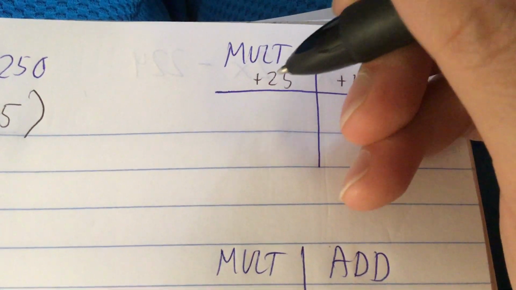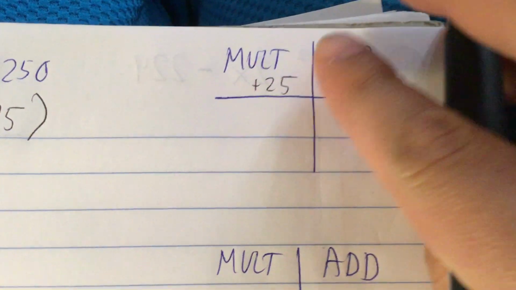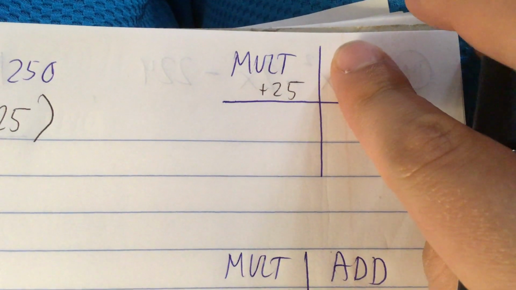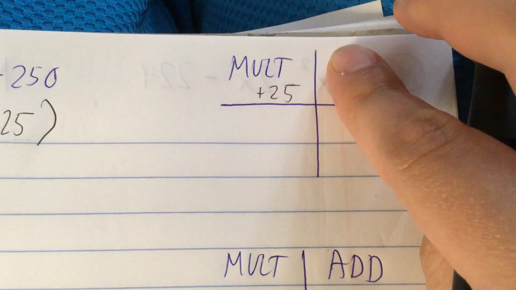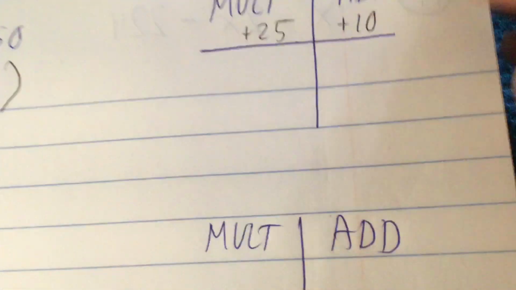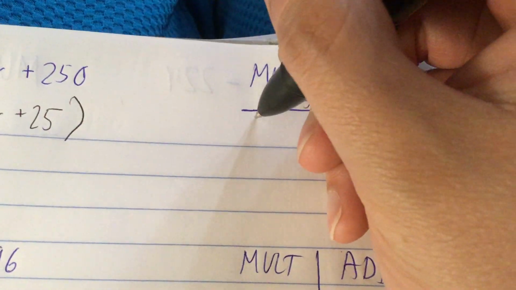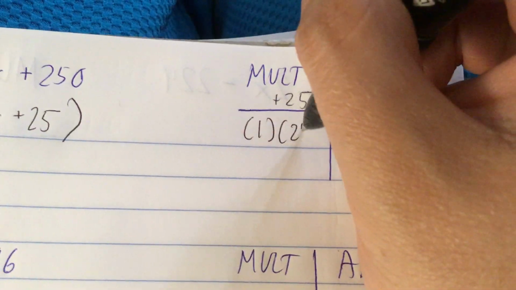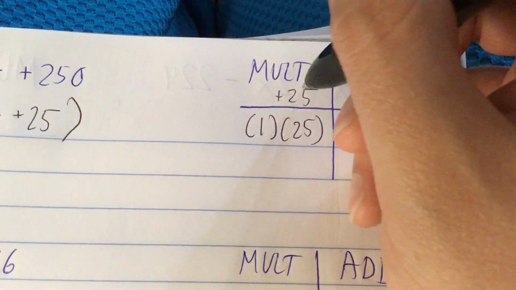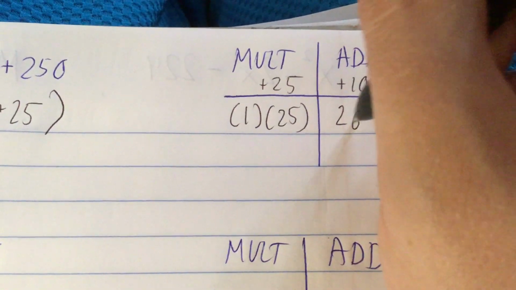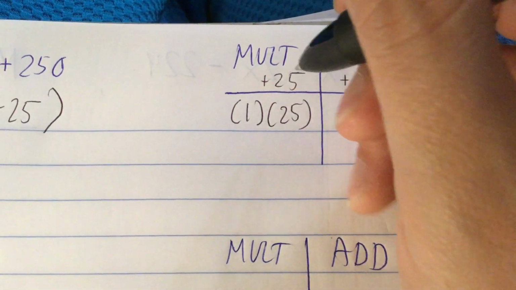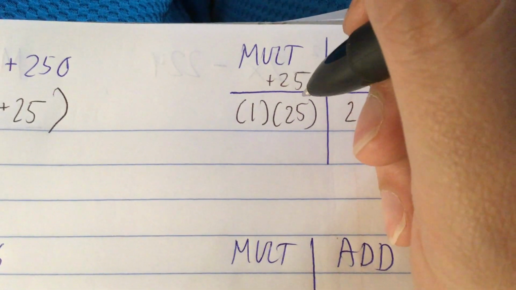So multiply to positive 25. Well, if it multiplies to a positive, it needs to be a positive-positive combination or a negative-negative combination. But if it adds to a positive, then I'm going to go with positive-positive. Let's try 1 and 25. Positive 1 times positive 25 is 25. But positive 1 plus 25 is positive 26. Divide by 2, 3, 4 will give you decimals.